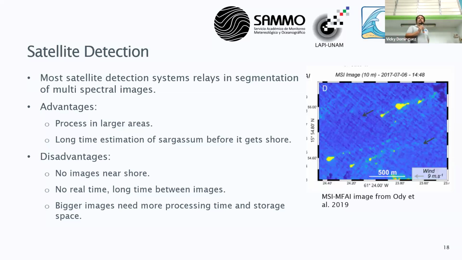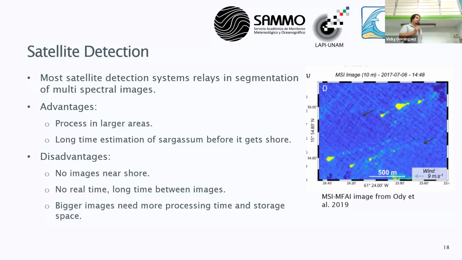Some of the advantages of satellite detection are that you can process larger areas, kilometers around where you are looking. And in the case of sargassum and other events, you can estimate how it's going to move and where it's going to go, depending on the definition of the image.